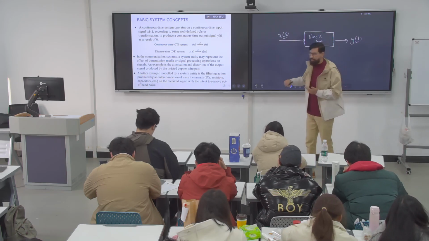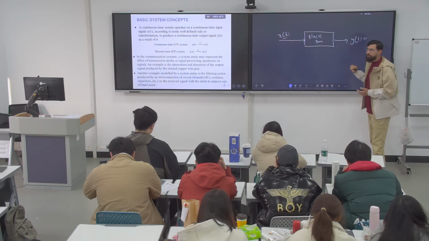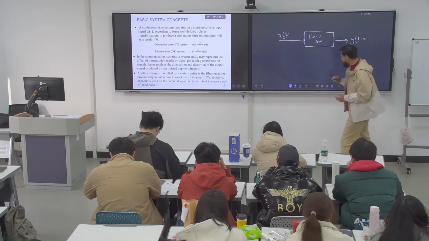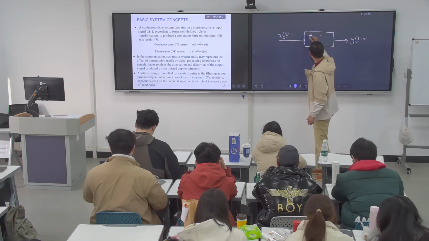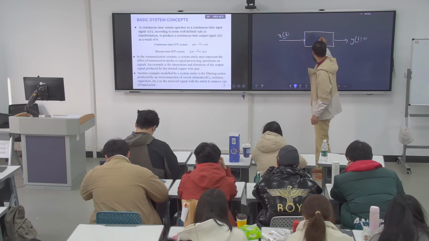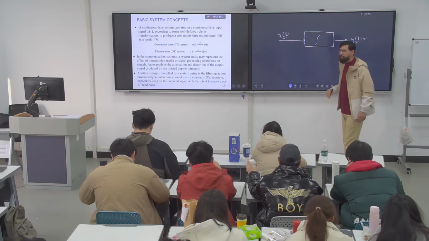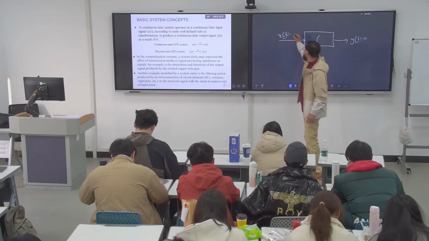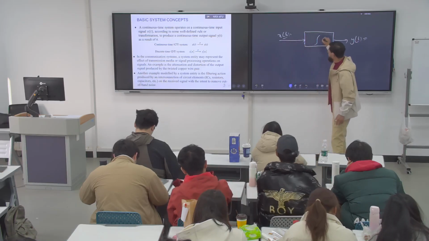is transformed into another signal, that transformed version is my output. So for example, if I put here a squarer, or let's say I put here an integrator, my signal x of t may be something, whatever.